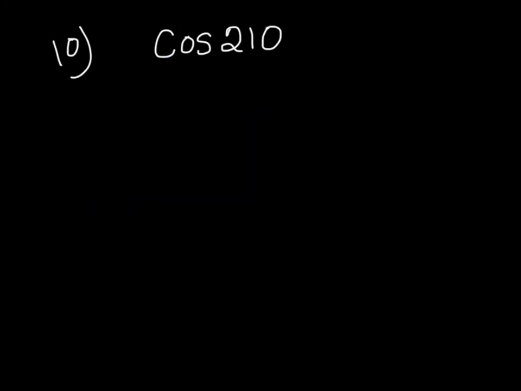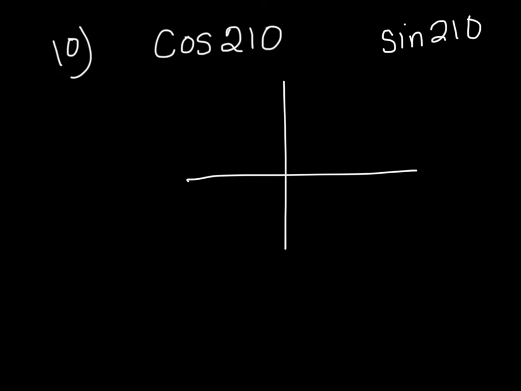I can't remember if number 10 was sine or cosine of 210, but I believe it had something to do with 210. So let's think about 210. It is right here. So what angle do we refer to for that? Well, if you think about the reference angle, how far away it is from the x-axis, that's 30 degrees away. So we'll use 30 for our reference angle.